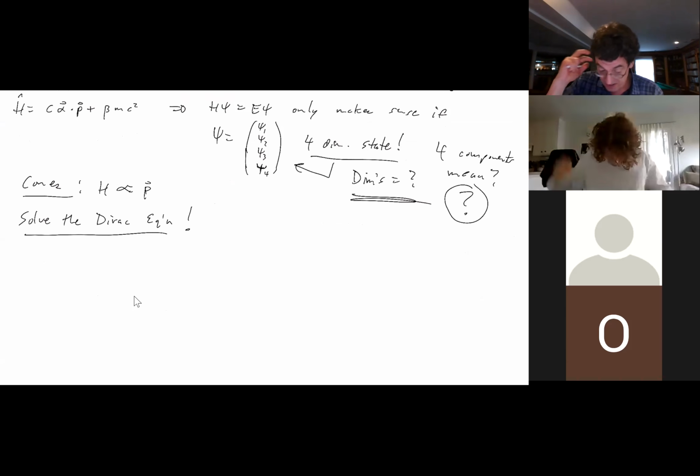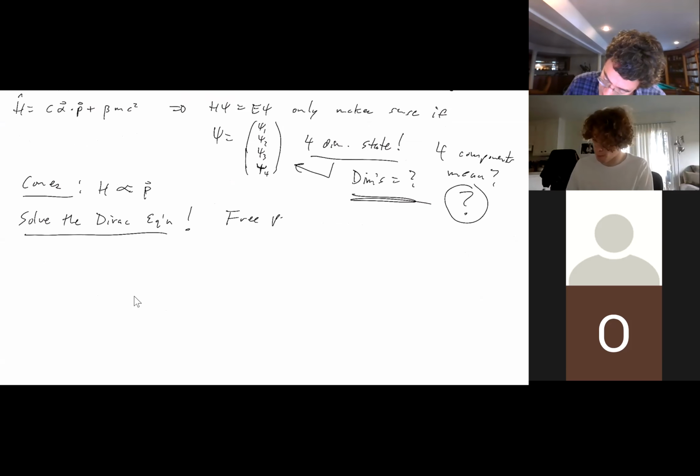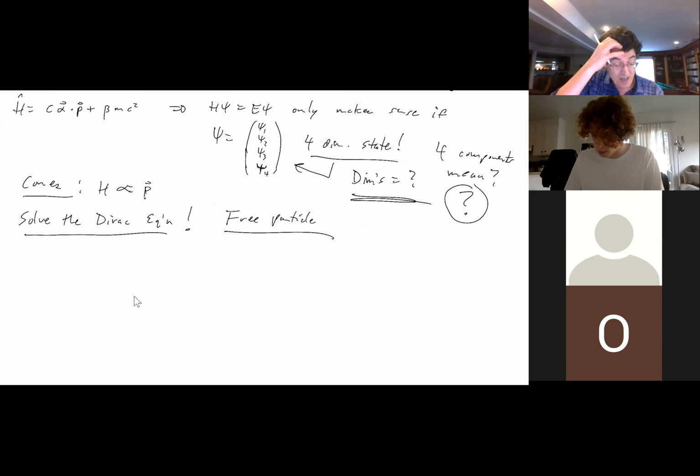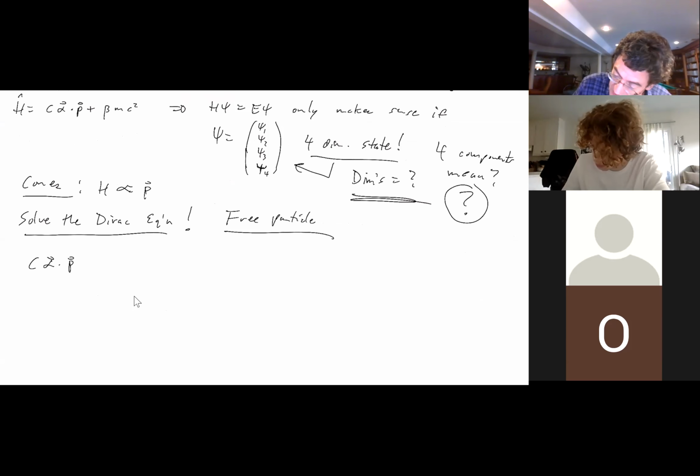So let's solve the Dirac equation for a free particle and see what it gives us. What we have then is c times alpha dot P, where P, of course, is the operator, h bar over i del, plus beta mc squared.